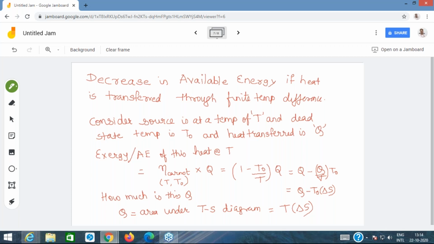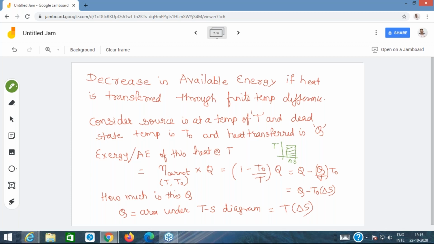So the process can be represented like this. This is the heat transferred from the source. T into delta S is the heat transferred from the source, right? Heat transfer is the area under the TS diagram.